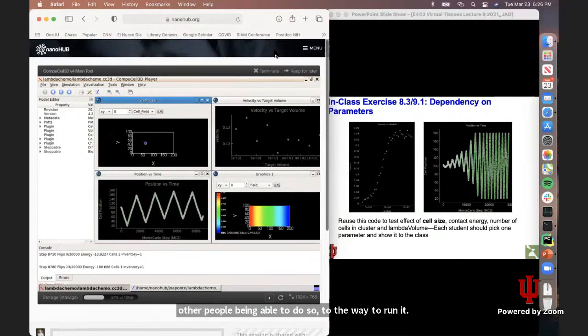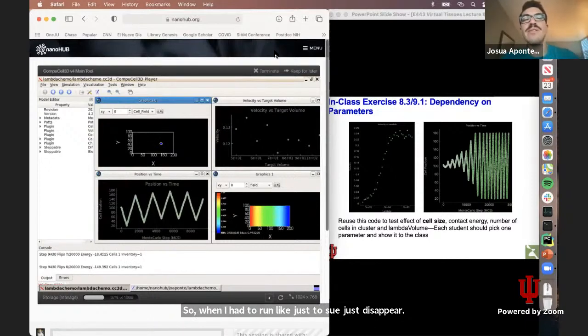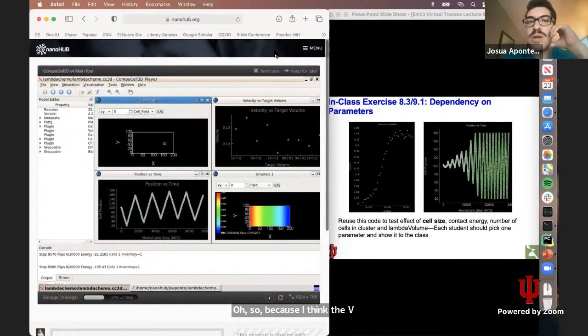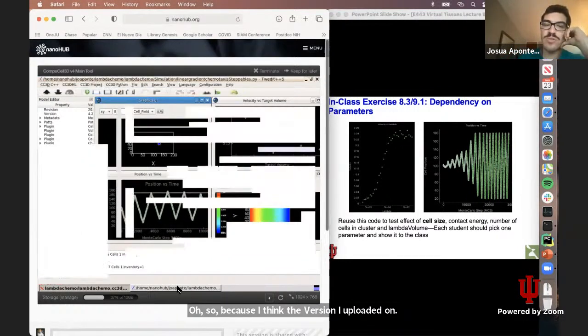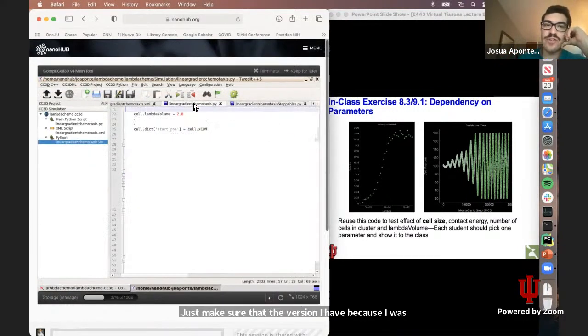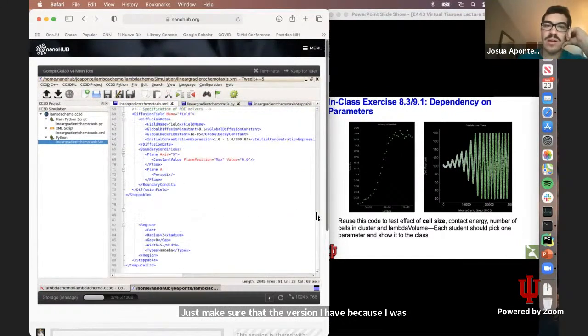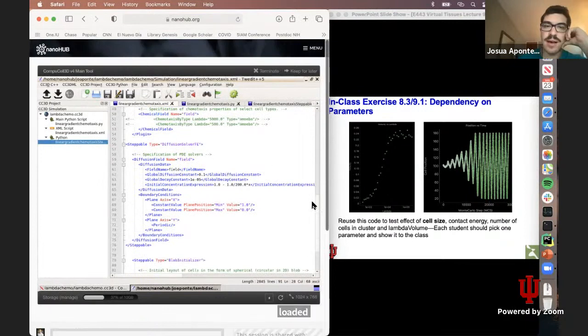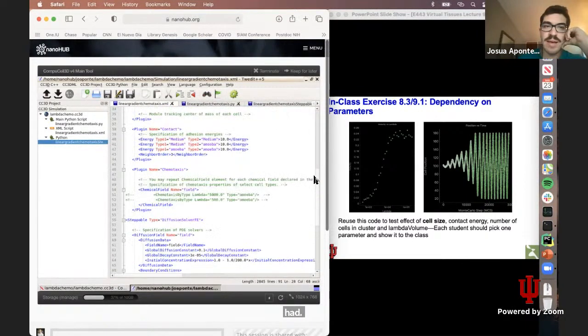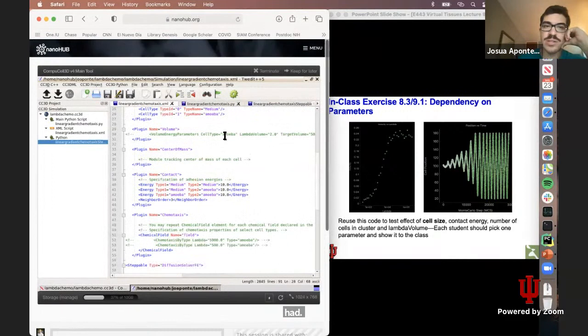I have trouble with running. When I hit run, the cell just disappears. Oh, so I was realizing earlier that the version I uploaded had the lambda volume information commented out.